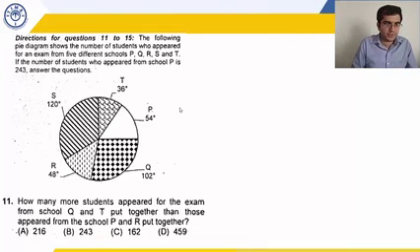You need students from Q and T put together minus students from P and R put together. That means you need the students individually from each of these sections, so you need to carry out that calculation.